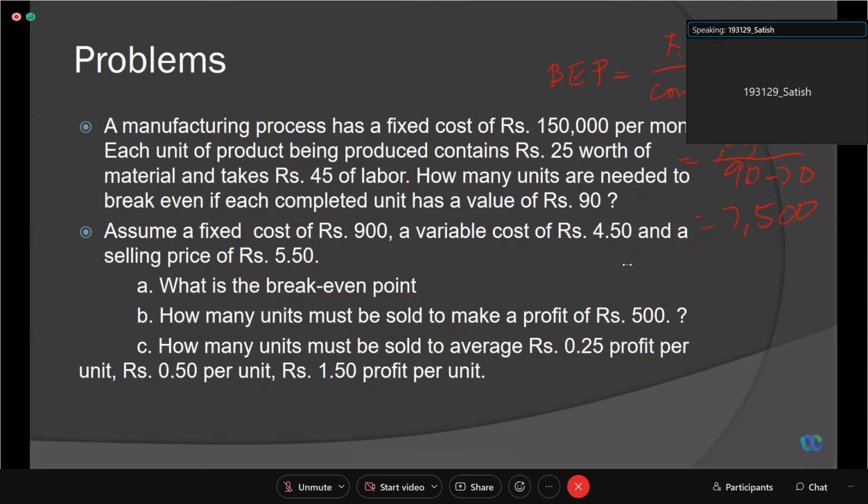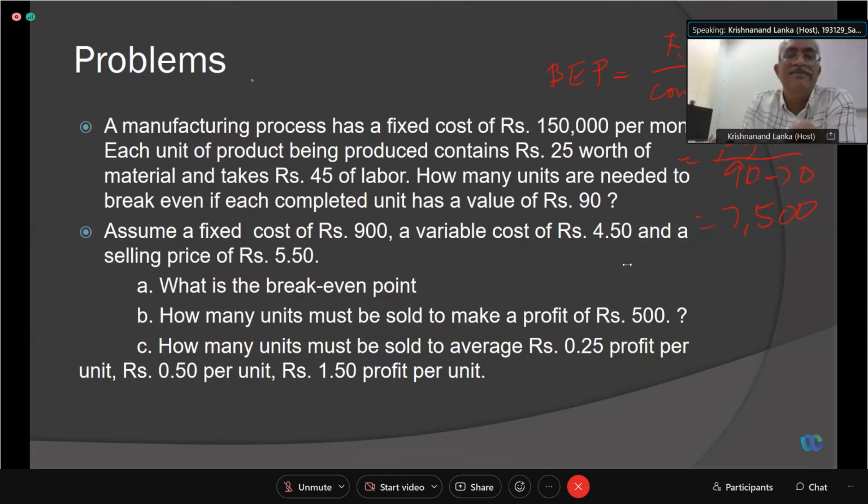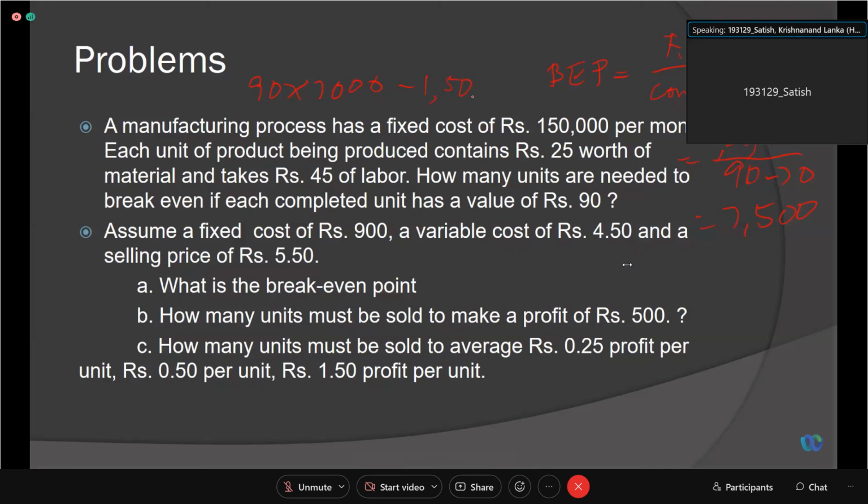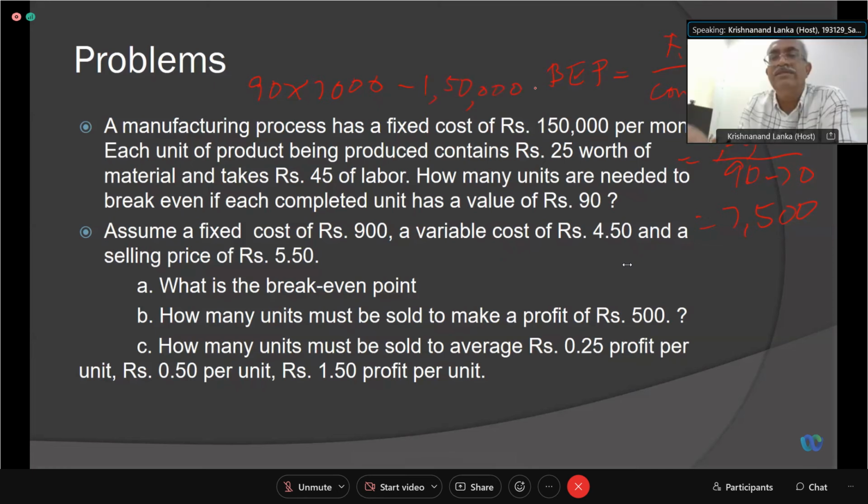So 500 into 70, let us calculate. So 90 into 7,000 minus 1,50,000, minus 70 into 7,000.